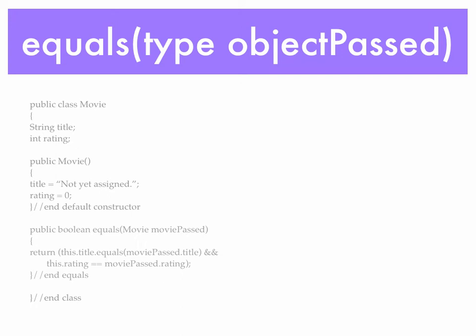And this Boolean value is generated by comparing the values of the passed object to the values of the calling object. And you'll see we do that with this line, this.title.equals, and then in parentheses, moviePassed.title. So let's look at that.